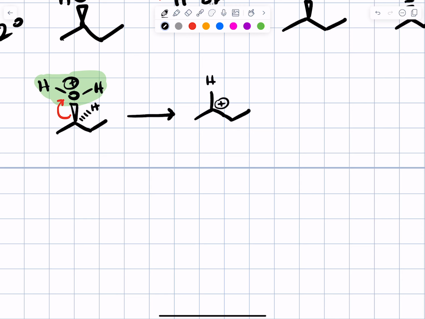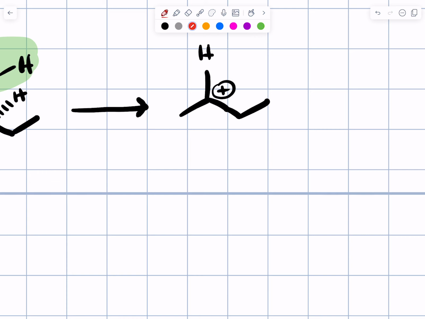That intermediate is no longer chiral. We've lost the stereocenter. The LUMO of that intermediate is an empty p orbital. From our perspective, the carbon-carbon and carbon-hydrogen bonds surrounding that positively charged carbon are all in the plane of the page.